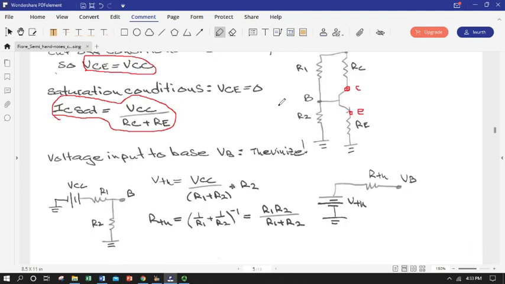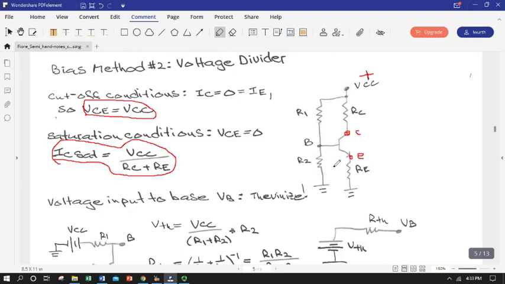Okay, the easiest way to do this is to Thevenize. So we're going to Thevenize this portion of the circuit, including the collector supply.